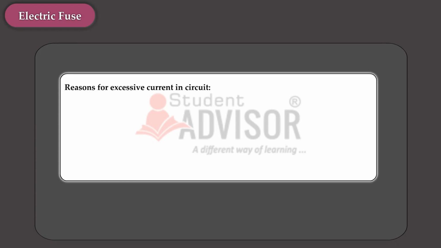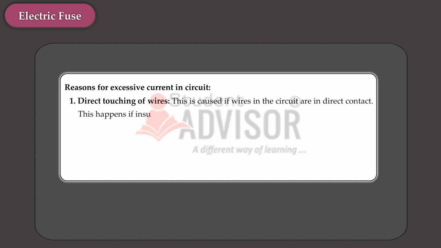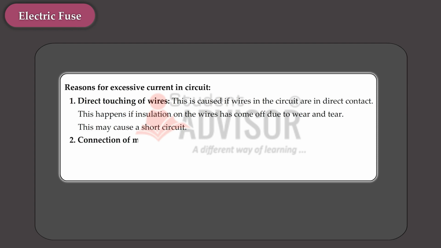Reasons for excessive current in circuit. Direct touching of wires. This is caused if wires in the circuit are in direct contact. This happens if insulation on the wires has come off due to wear and tear. This may cause a short circuit. Connection of many devices to a single socket.